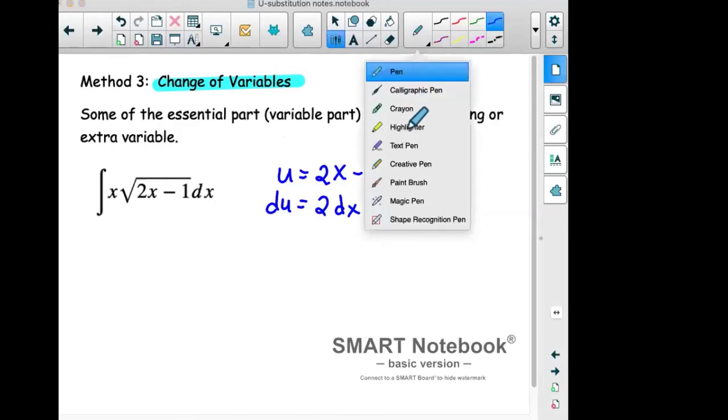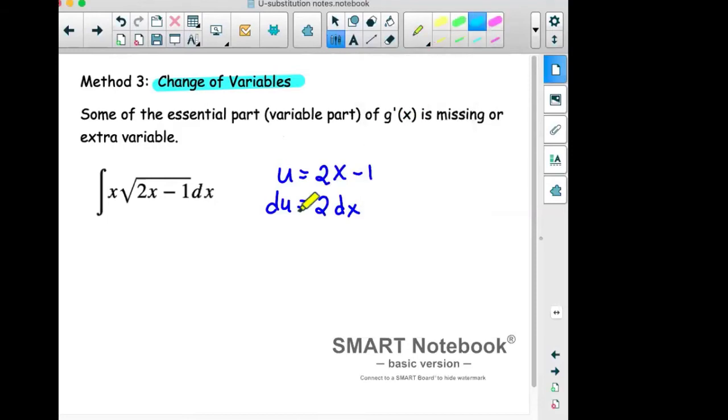So I definitely have a problem here because I have x dx, but in the integral, there's no x. And I can't make an x. And so in order to fix that, what we're going to do is go back to this equation here where we said, okay, I know u is equal to 2x minus 1.